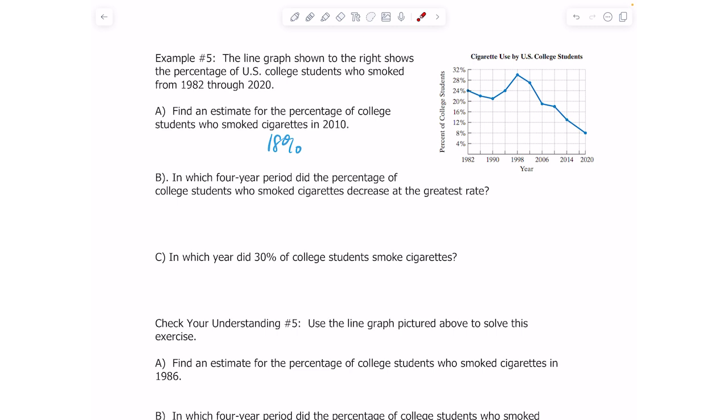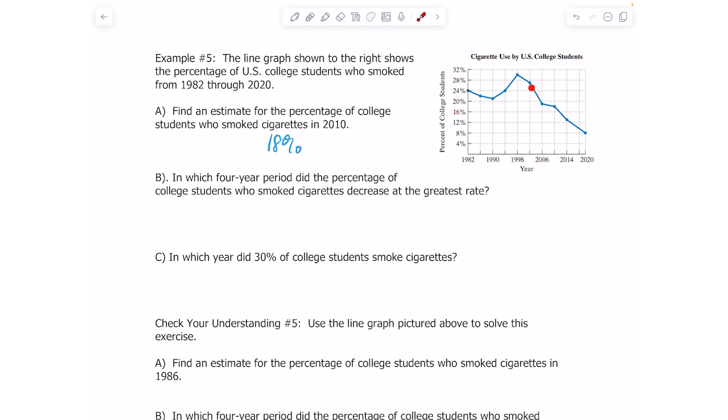In which 4-year period did the percentage of college students who smoke cigarettes decrease at the greatest rate? So for the greatest rate, I'm looking for the piece of the graph that has the highest slope, or the steepest slope.